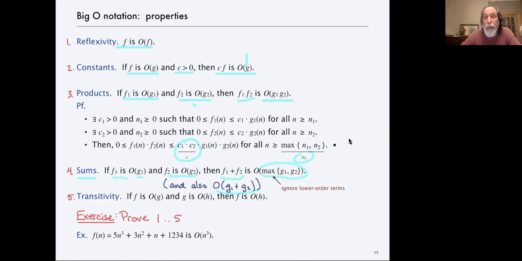It's the short way of doing what we did with the polynomials, getting rid of all the terms in the sum except the higher degree one. Transitivity: if F is big O of G and G is big O of H, then F is big O of H. These are all straightforward to prove, and so I'll leave that as an exercise, which you should all make sure you can do.